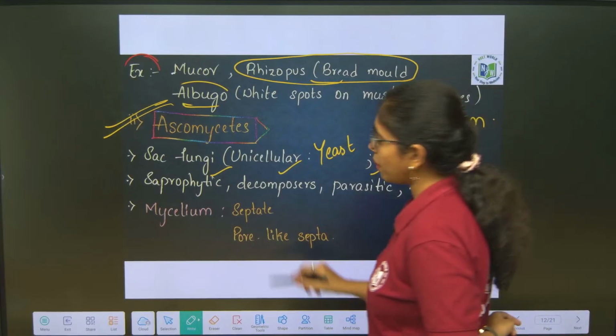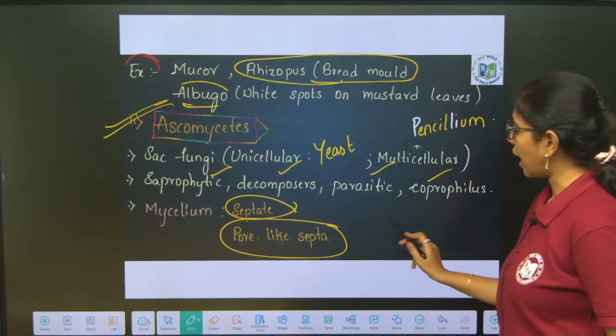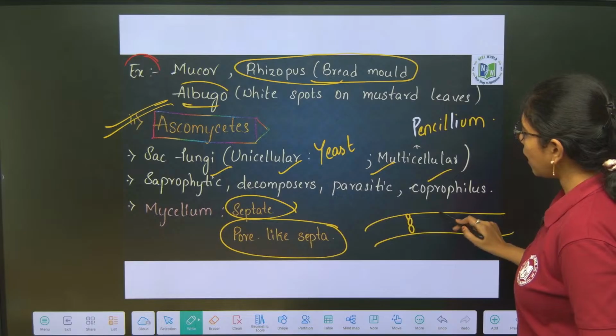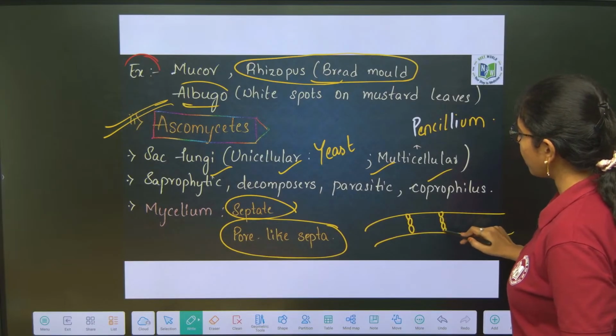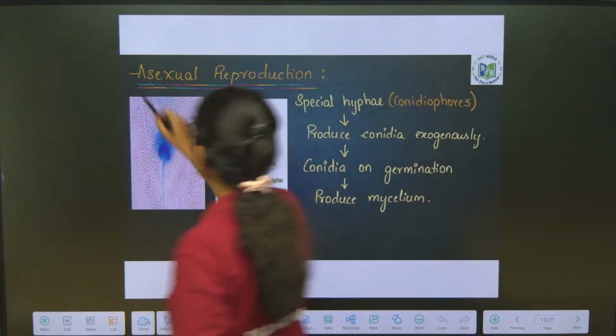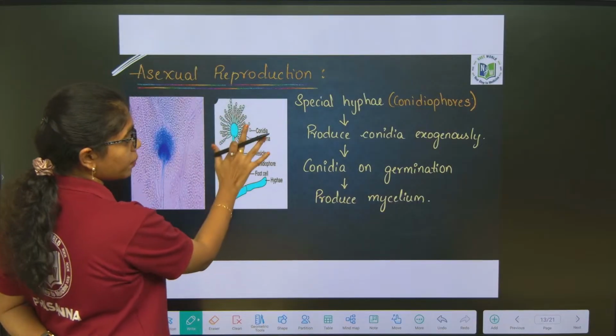Mycelium in ascomycetes is septate, and this shows pore-like septa, as we have already discussed in the general characteristics. Mycelia will show what type of septa in ascomycetes? Pore-like septa. Clear, right?